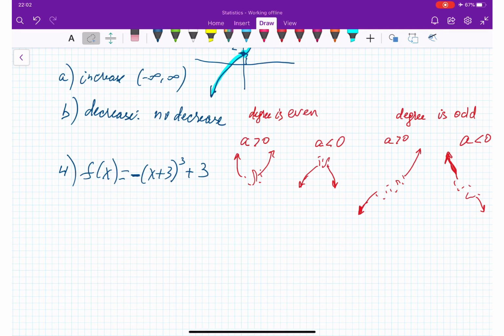So, first of all, the degree is 3. Here it is. This is the degree, this is what we mean. It's odd.